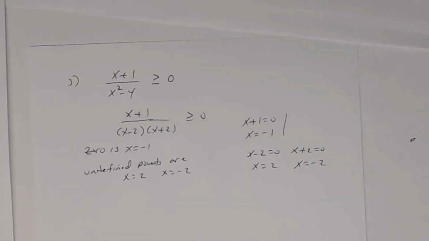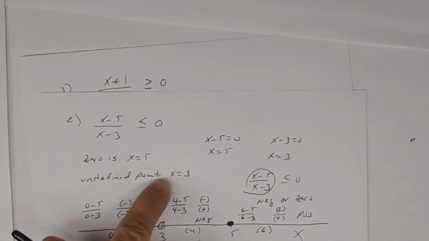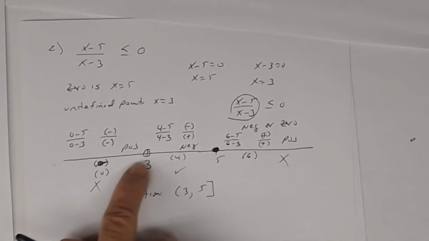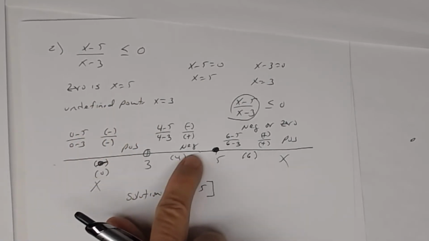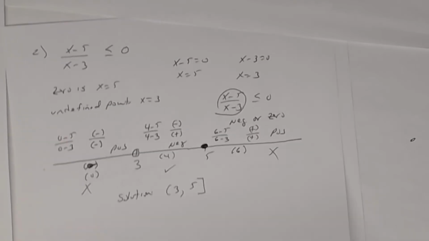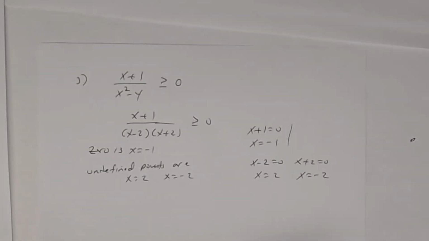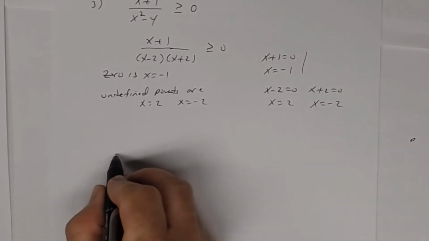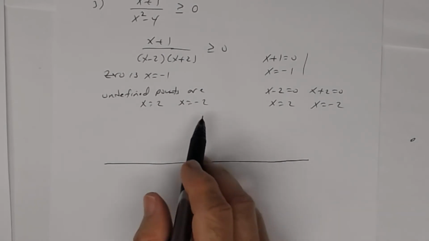All right? So in the previous problem, you had one zero and one undefined point. And then those two numbers divided the number line into three intervals. In this one, you have one zero and two undefined points. So when you put that on the number line, it makes you put them in order.